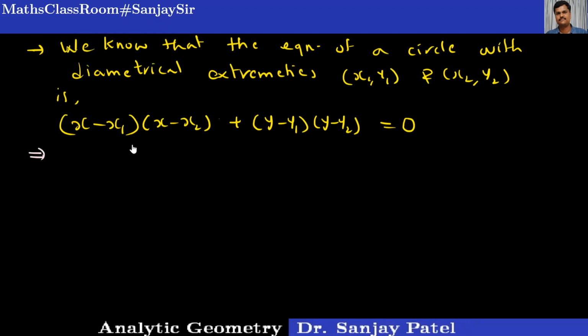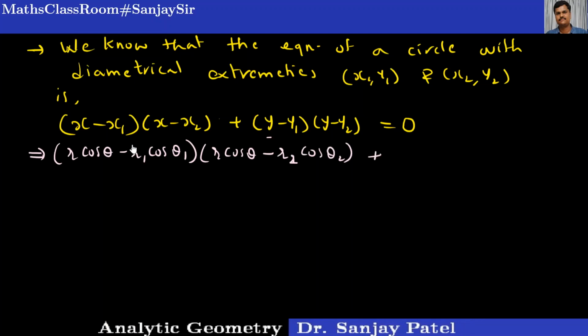This gives me (r cos theta minus r1 cos theta 1) times (r cos theta minus r2 cos theta 2), because x2 is equal to r2 cos theta 2, plus (r sin theta minus r1 sin theta 1) times (r sin theta minus r2 sin theta 2) equal to 0.